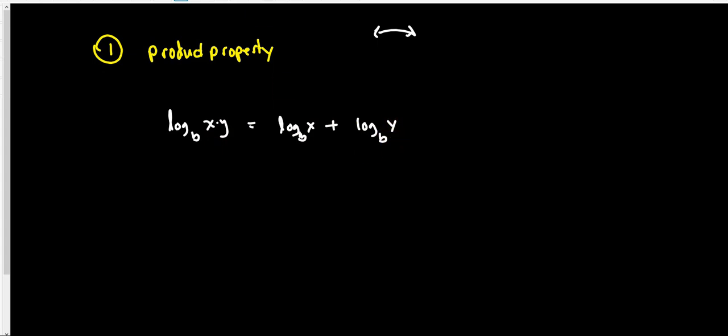So this can go either direction. If I have two separate logs, but both have the same base and they're being added, I can smush them together into a single log where I'm multiplying these.